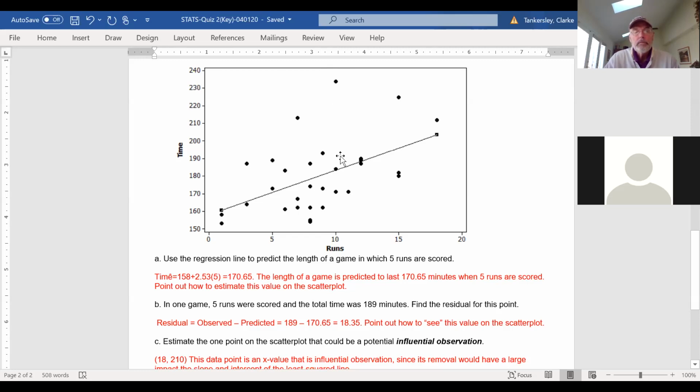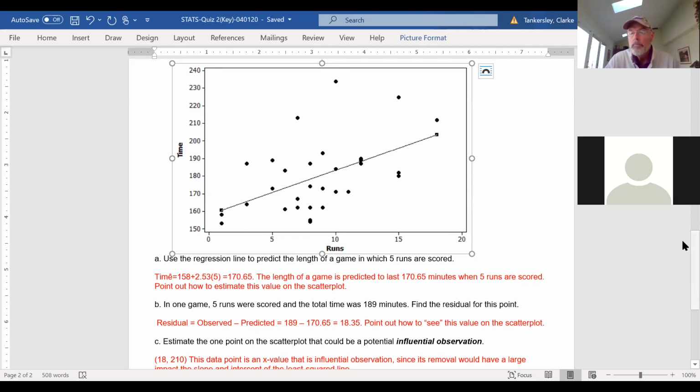And it is on the y-axis. So the influential observation is on the x-axis, and the outliers are determined by the distance of the residual in the y direction.